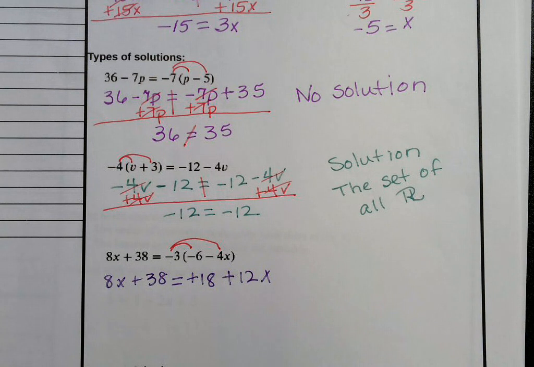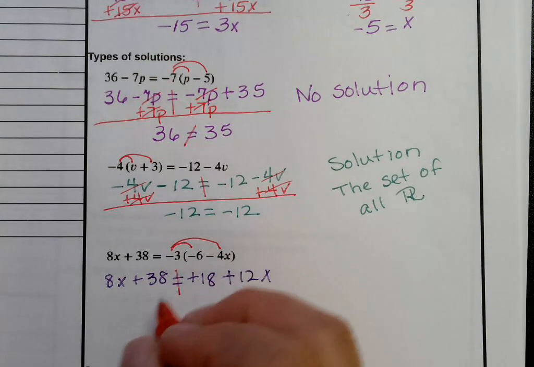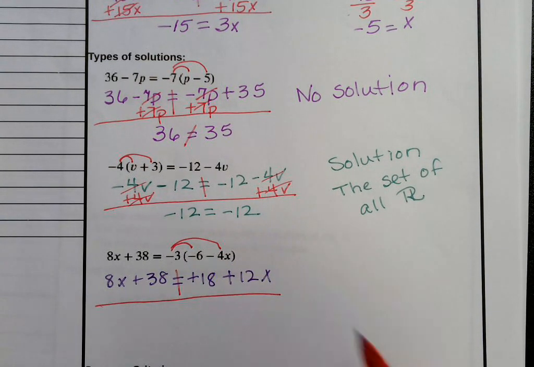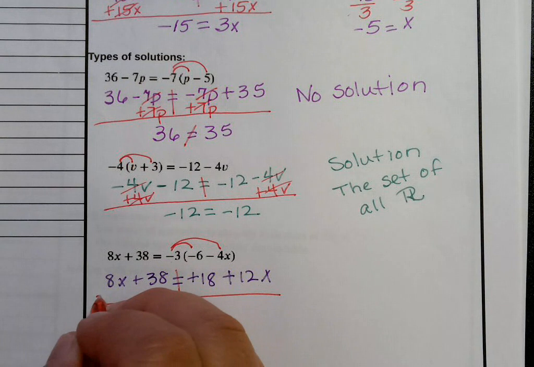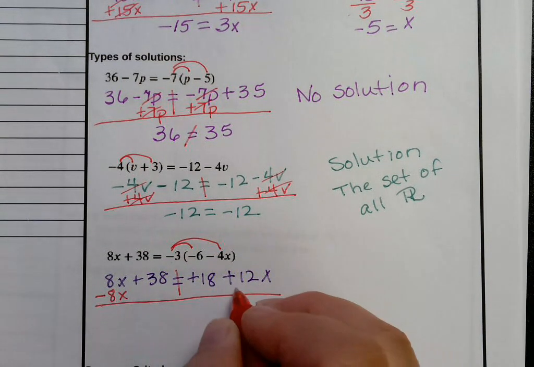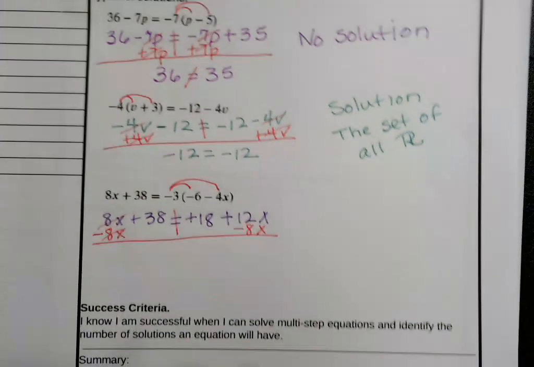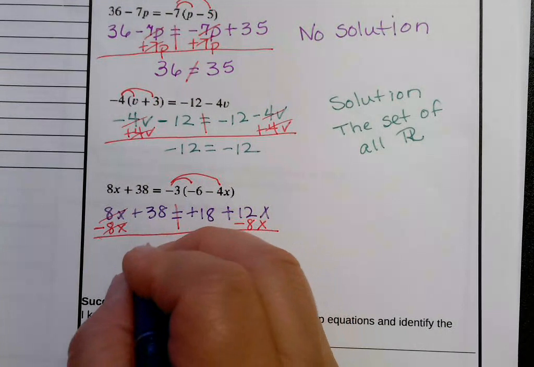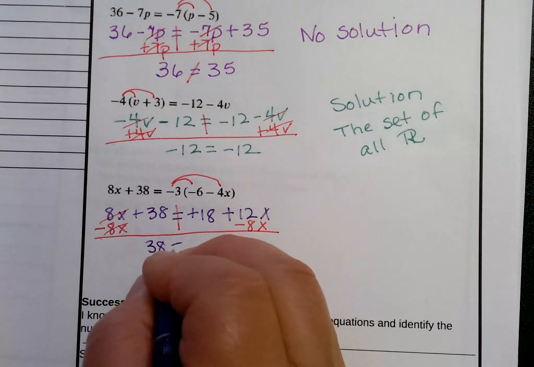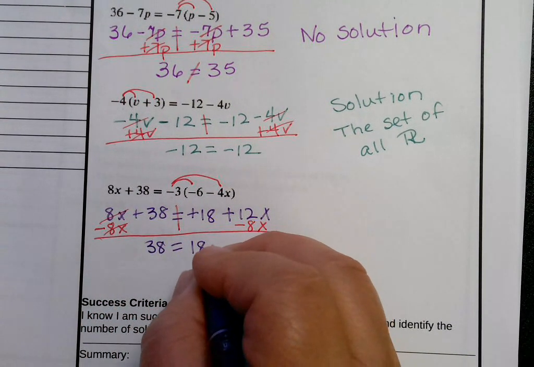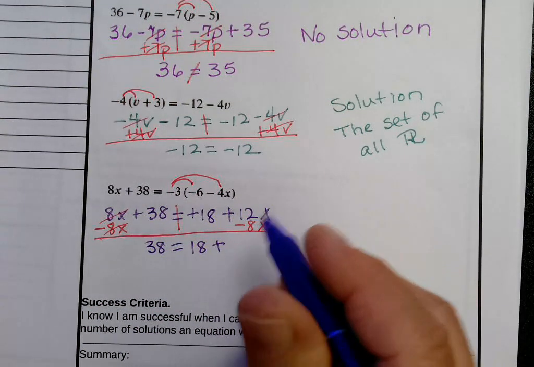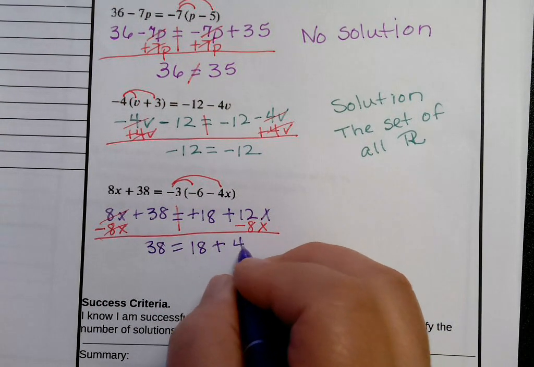I am now ready to start simplifying. Which is bigger, 8x or 12x? 12x would be correct most of the time. So I'm going to subtract 8x from both sides, so I work with positive coefficients. I've gotten rid of it on this side. 38 is equal to 18 plus 12 minus 8 is 4x.